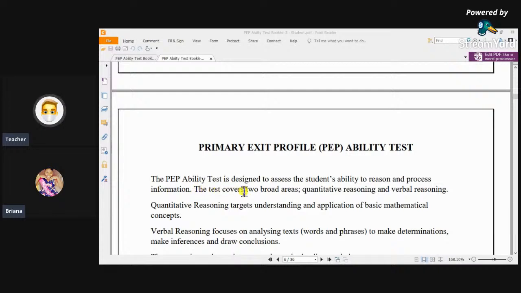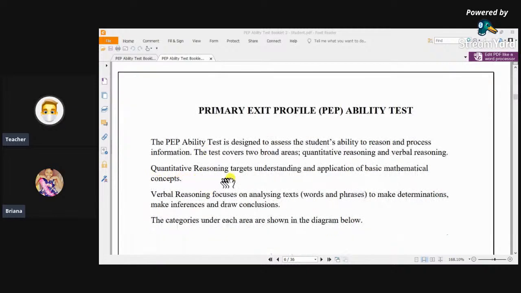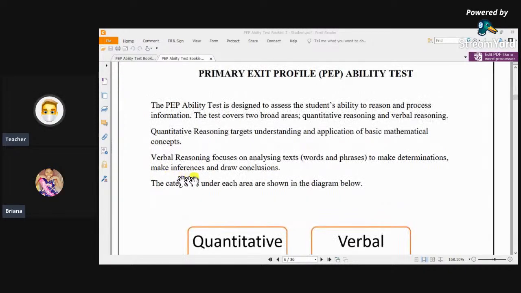The test covers 2 broad areas: quantitative reasoning and verbal reasoning. Quantitative reasoning targets understanding and application of basic mathematical concepts. Verbal reasoning focuses on the analyzing of texts, words, and phrases to make determinations, make inferences, and draw conclusions.